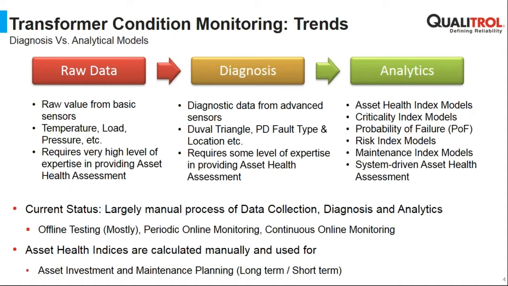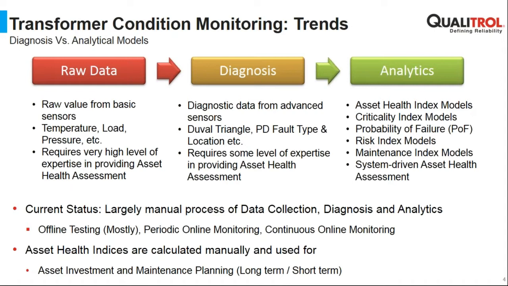But still it wasn't enough to understand what needs to be done in terms of replacement of the transformer, or in terms of taking decisions on maintain versus operate versus replace. So utilities later moved to calculating analytics from raw data and diagnostic data in combination with offline testing data.